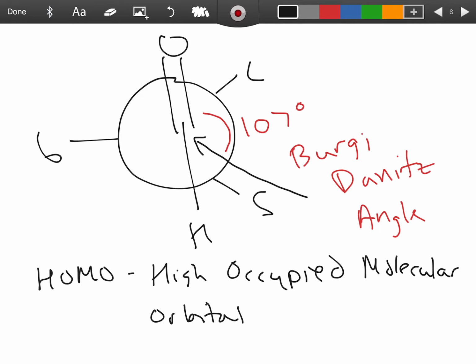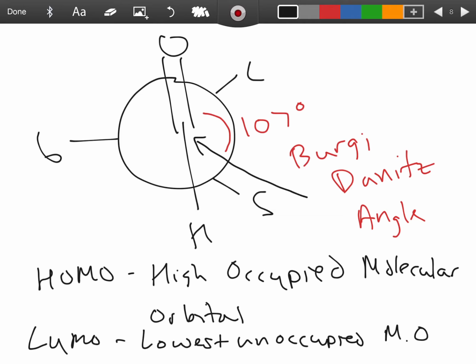It's the highest occupied molecular orbital. So it is the molecular orbital that's at the highest energy that actually has electrons in it. And then there's the LUMO, which is the lowest unoccupied molecular orbital. And that is the empty orbital in a molecule that is at the lowest energy.